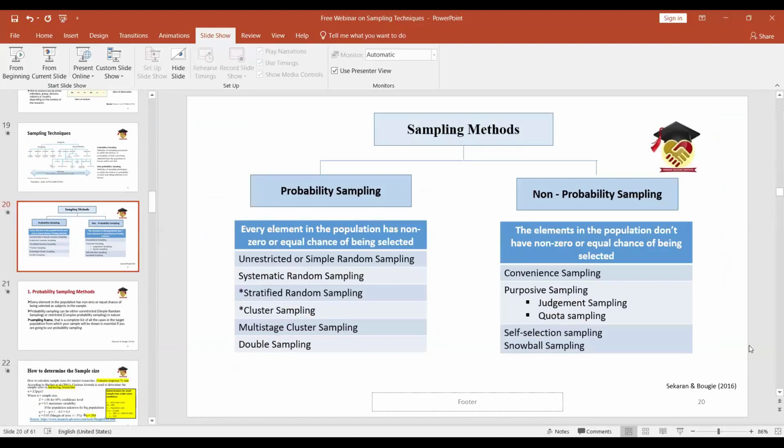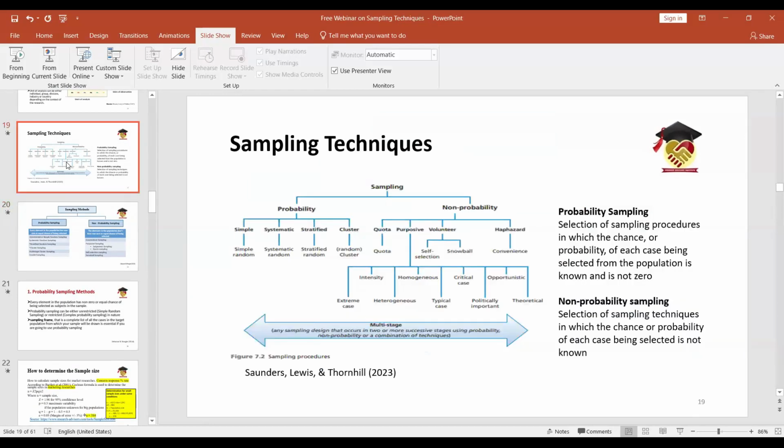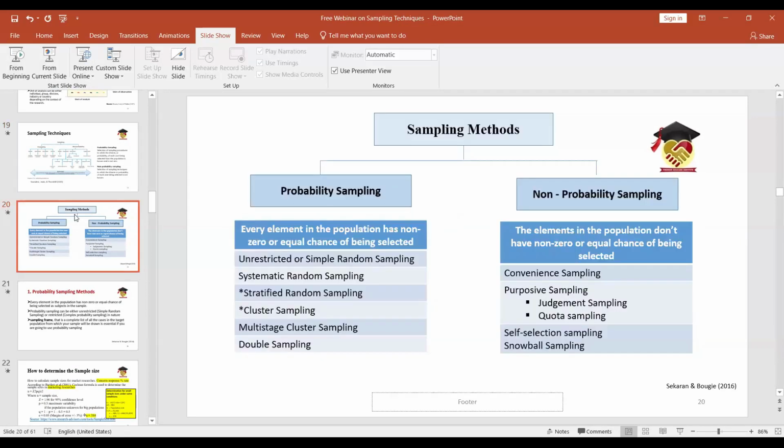The same thing is from Sekaran and Bougie, and this is from Saunders et al. Almost the same. Much easier to explain. We already explained number 1, number 2, number 3, number 9, number 4, 5, 6. Likewise, we have to explain all this within the next 1 hour, so we have to go fast.